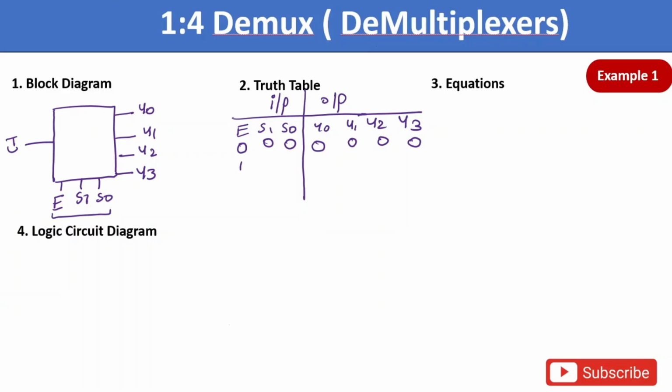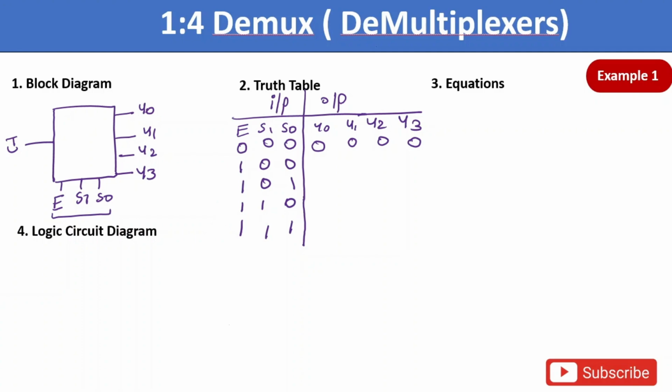Now, if the enable value is equal to 1, we will consider S1 and S0 as the major input values. So now we have only 2 inputs. We will write the combinations for the 2 inputs: 0 0, 0 1, 1 0 and 1 1. We already know that if the enable value is equal to 1, only then can we proceed to get the output.